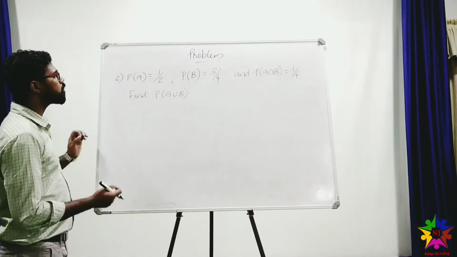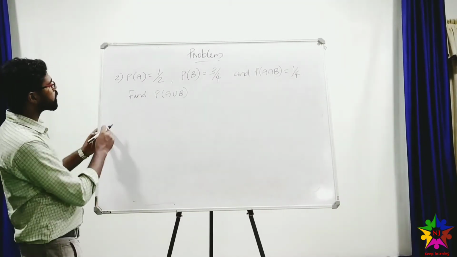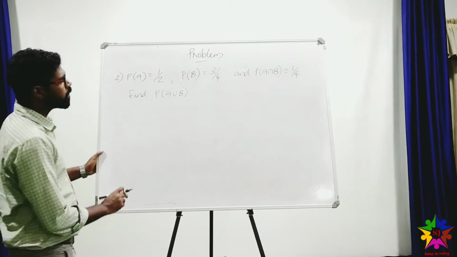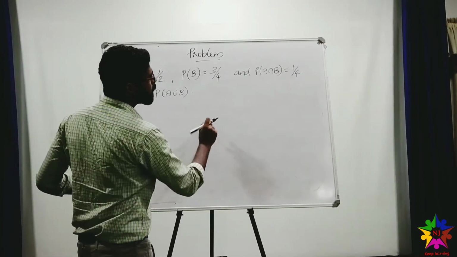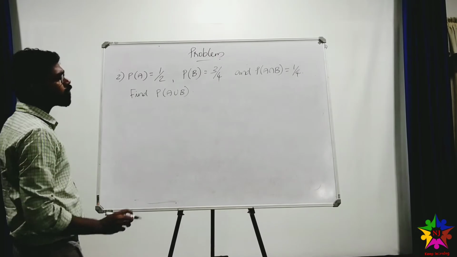Now let's solve another question. Here we have a question: probability of A is equal to 1 by 2, probability of B is equal to 3 by 4, and probability of A intersection B is equal to 1 by 4.